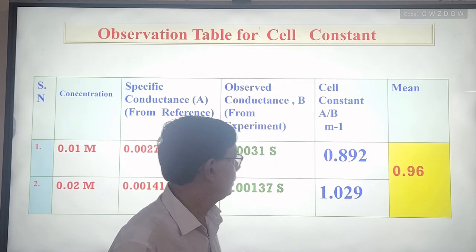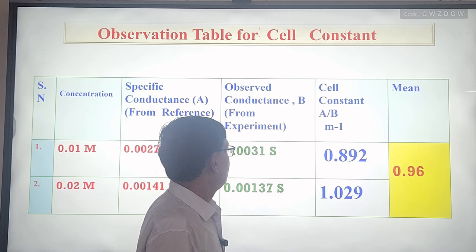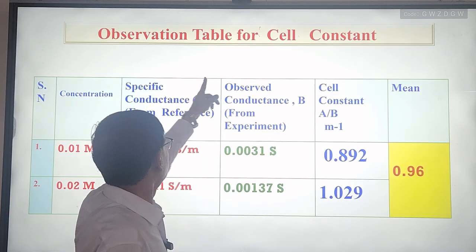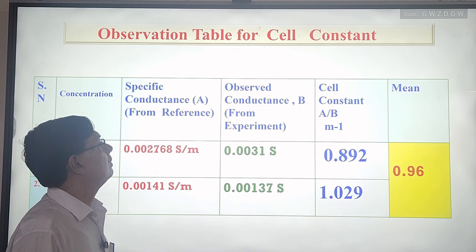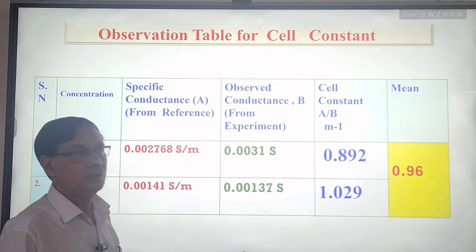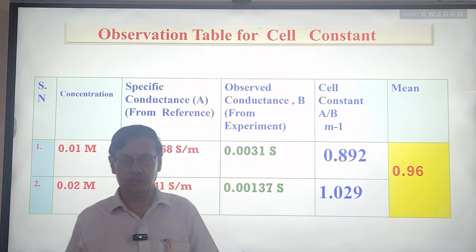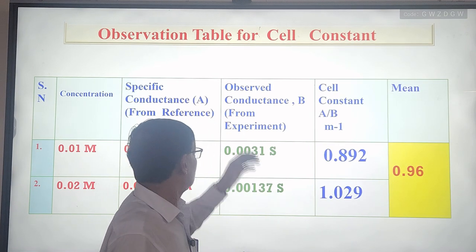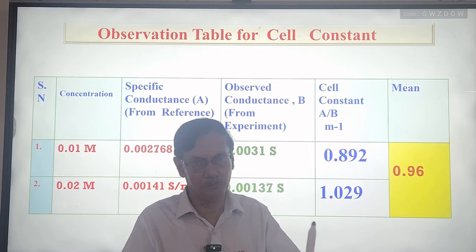But no problem, your observed conductance is, I think, almost around 3 microsiemens. Anyway, so our first part is the calculation of cell constant. You must write the temperature also, because whenever we calculate the dissociation constant or cell constant or observed conductance, specific conductance, we must mention the room temperature.